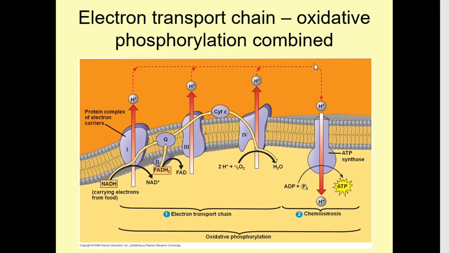Instead of water and a wall, we've got the phospholipid bilayer, we've got hydrogen ions, and instead of a turbine, we have ATP synthase. So hydrogen ions will diffuse through ATP synthase, and the flow of these hydrogen ions, just like the flow of water, will generate enough force. It's something that we call proton motive force.